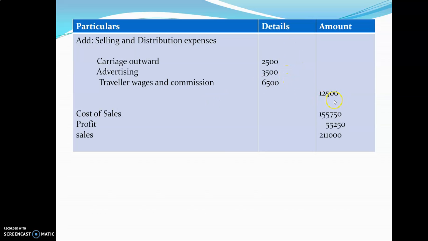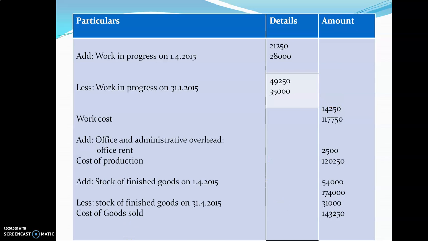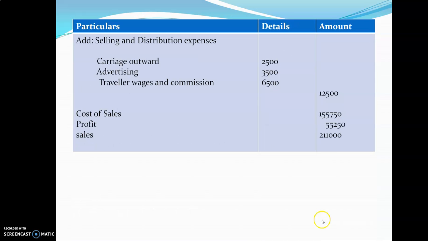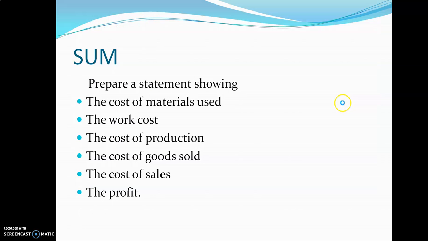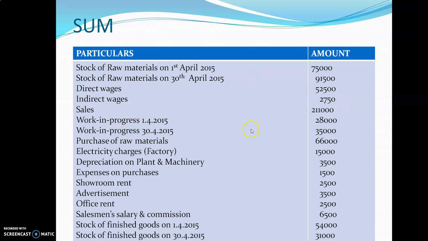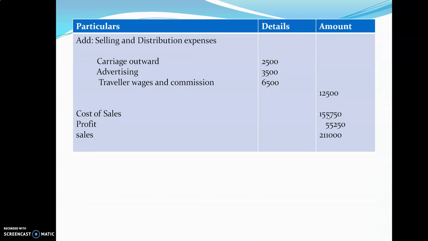Adding selling and distribution overhead total with the cost of goods sold, we get cost of sales. That is 1,55,750. Now in this question, sales is given. Sales is 2,11,000. So after writing the cost of sales, which is 1,55,750, we will keep this part blank.